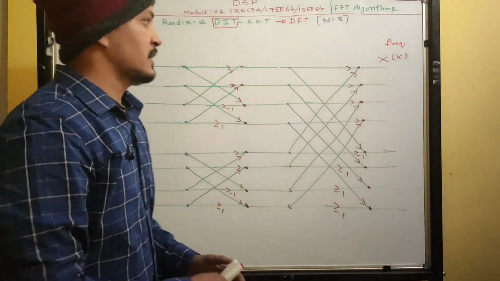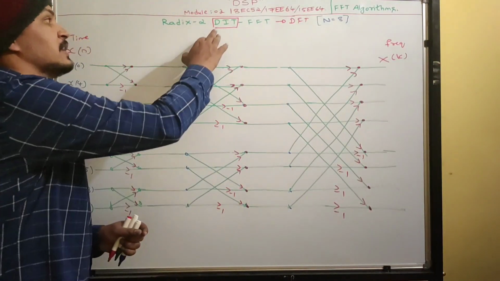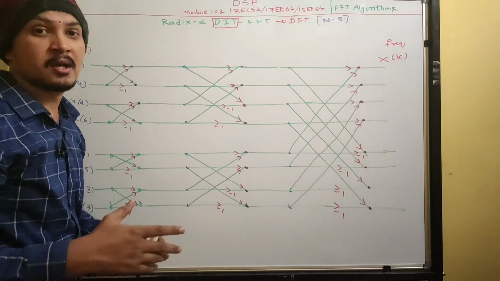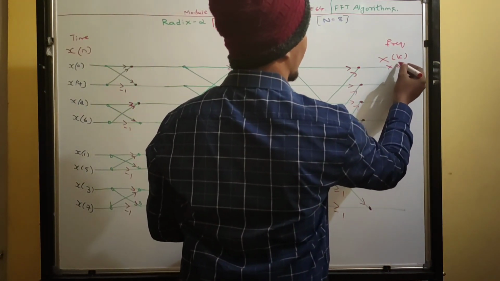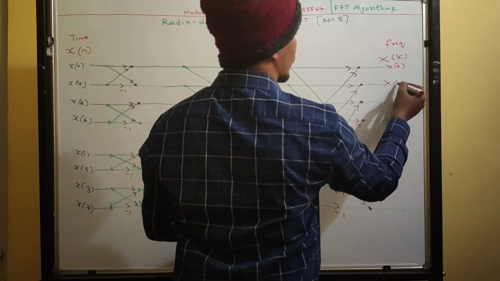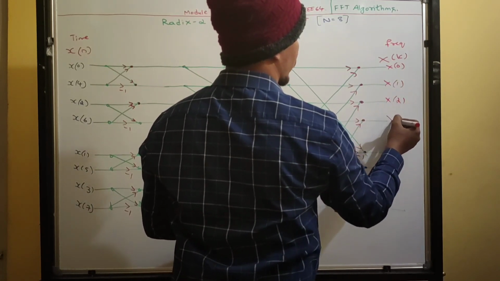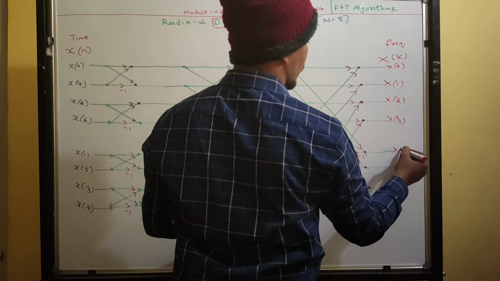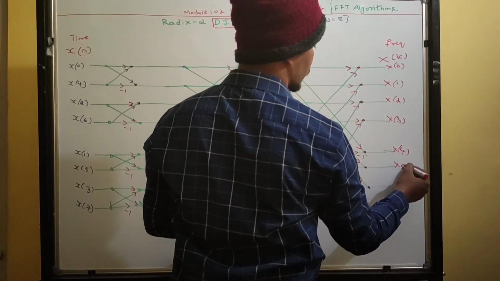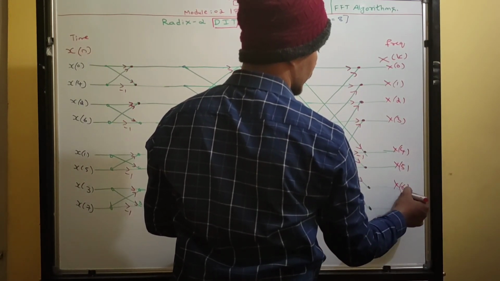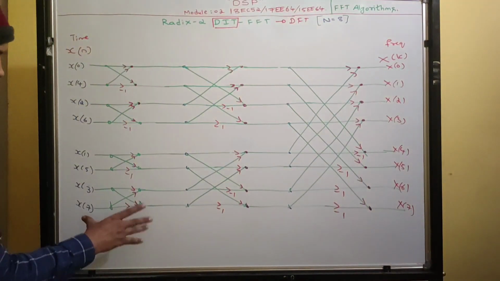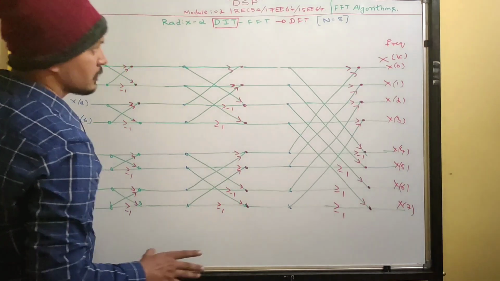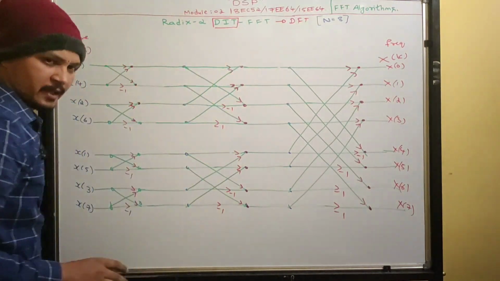Then output is what? X of k. X of k is not decimated. Frequency is not decimated. If it is not decimated, what should you write? You should write in correct order, normal order. X of 0, X of 1, X of 2, X of 3, X of 4, X of 5, X of 6, and X of 7. So this is the signal flow graph for radix 2 DIT FFT.